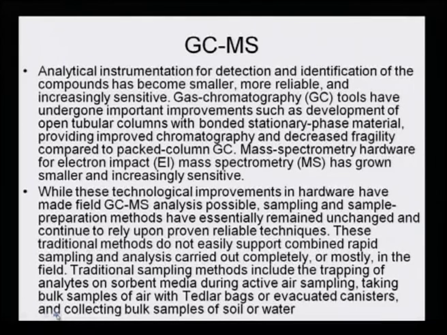Gas chromatography, that is the GC, is a tool which has undergone important improvement, such as the development of open tubular columns with bonded stationary phase material providing improved chromatography.